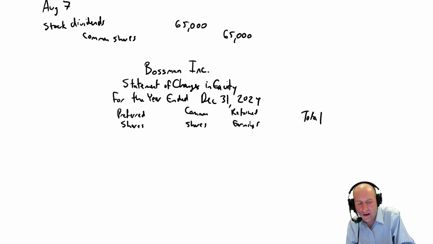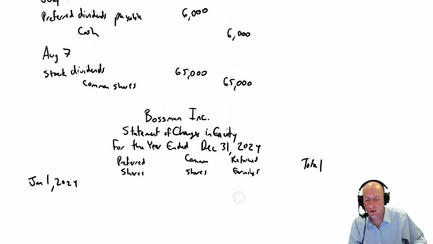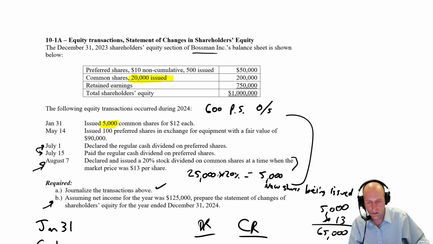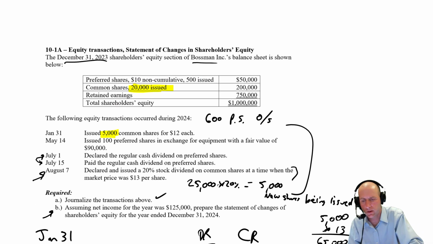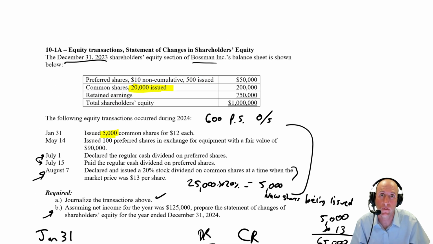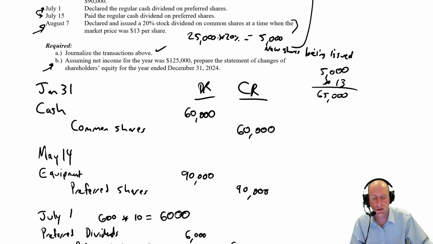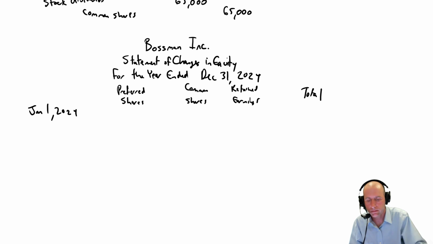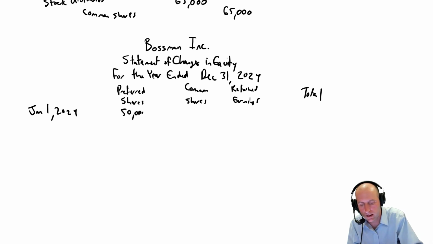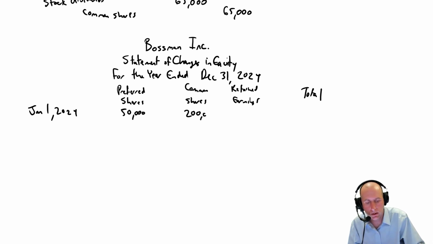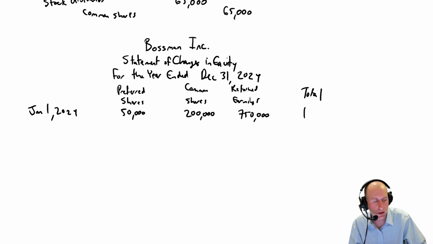So our beginning balance, our January 1st, 2024 balances, are just going to come from the very start of the question. This was our December 31st, 2023. That's the same as January 1st, 2024. So we'll use those numbers, 50,000, 200,000, 750,000. There was $1 million in total shareholders' equity out there during the year.